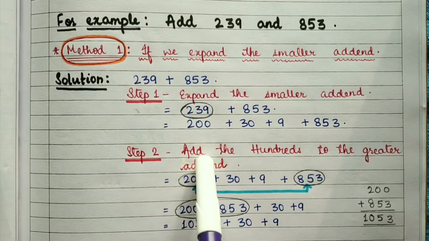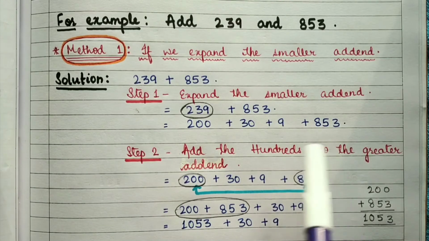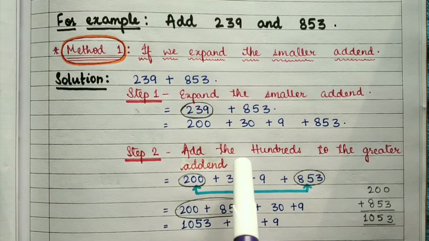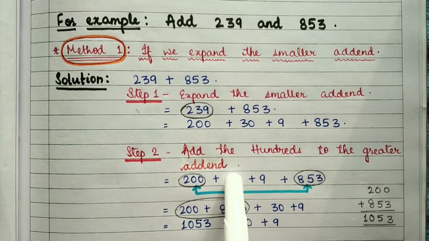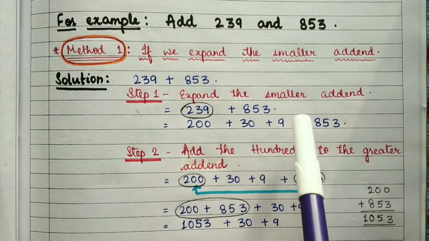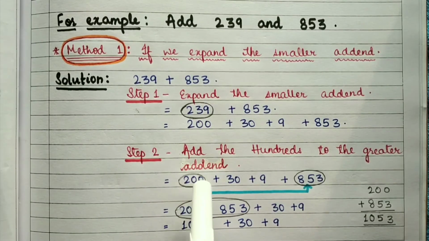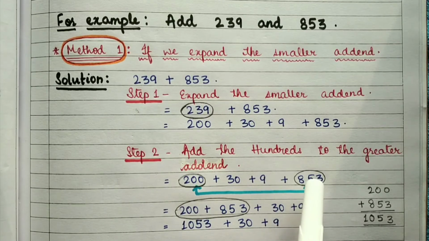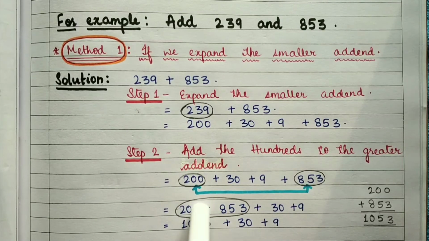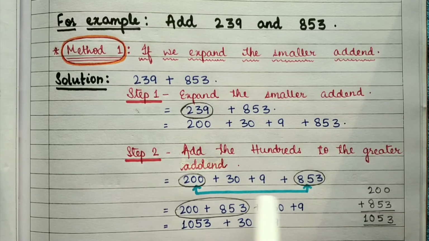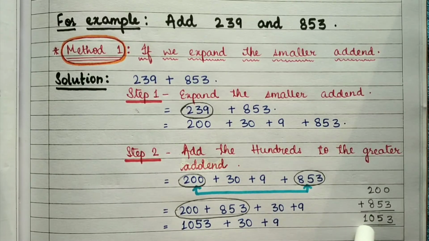Now step 2: add the hundreds to the greater addend. Here is the 200 and here is the greater addend. So we shall add 200 and 853. You can see we have brought them together and we have added them here.